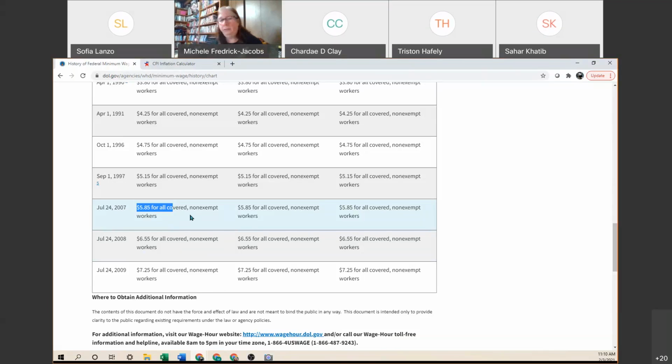So for another sentence, you could put in your paragraph that the minimum wage, according to the history of minimum wages in March 2008, was 5.85, so David Owen was correct. Any questions on that one?